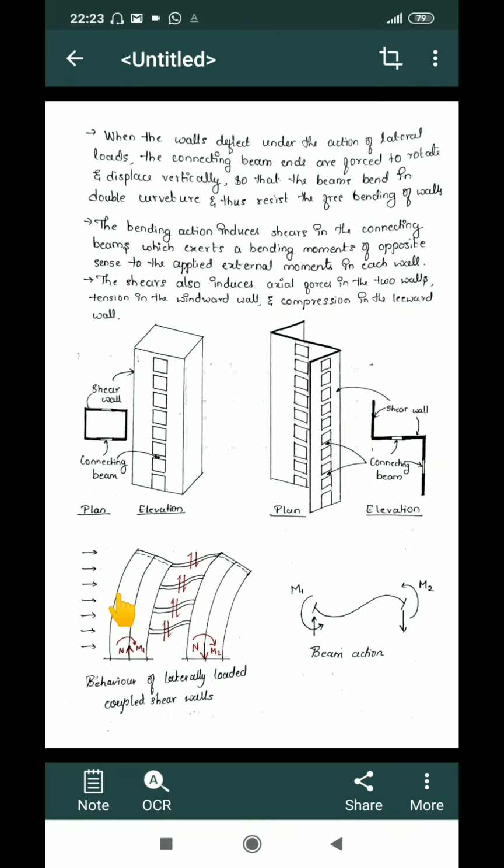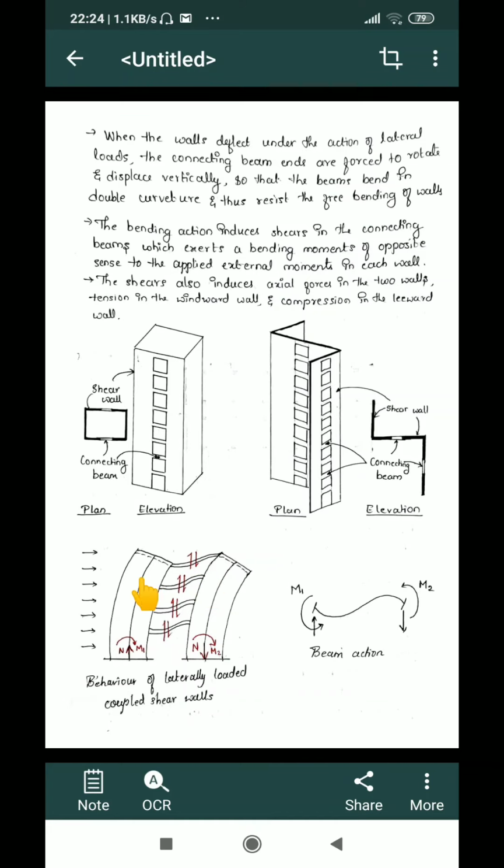Because of these loads, connecting beams may undergo bending, and the bending will be such that it will be sagging on one side and hogging on the other side. That is, sagging where the load is applied and hogging where the load is being transferred, or you can say windward side and leeward side.